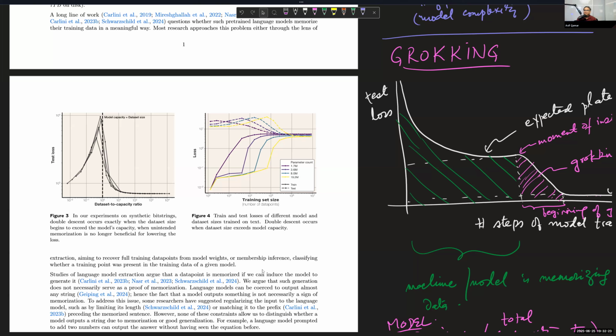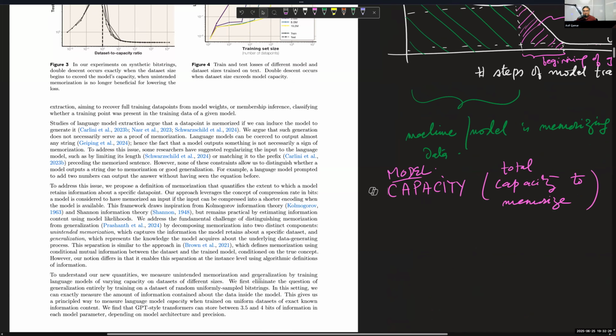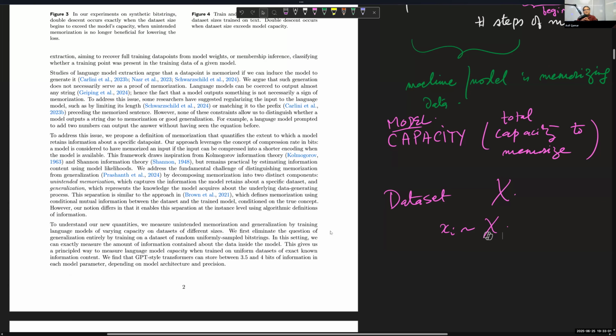Suppose you have a data set, capital X, which is a big data set, and you have xi sampled from X. You could ask what proportion of data has it memorized, and the remaining proportion, I suppose, it has not memorized. So if it is able to produce it, you can say it may be the result of generalization, right, if it can successfully emit it out.